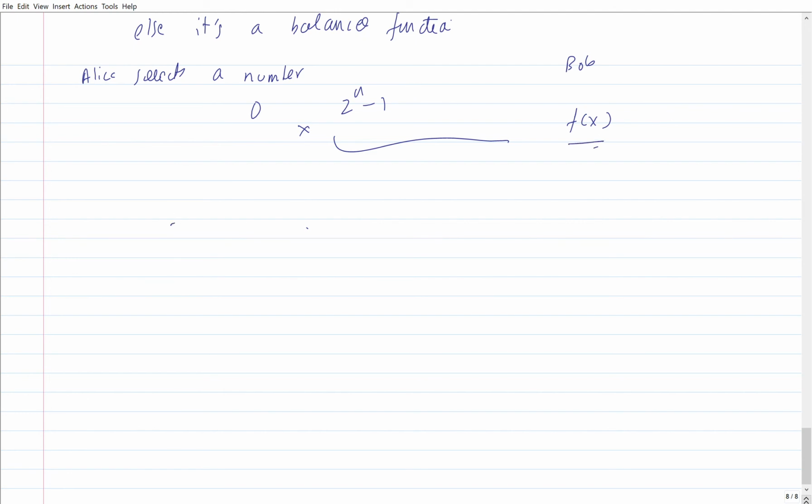Now in general, Alice will have to send 2 to the power of n by 2 plus 1 numbers to Bob for Bob to conclude whether the function is a constant or a balanced function.